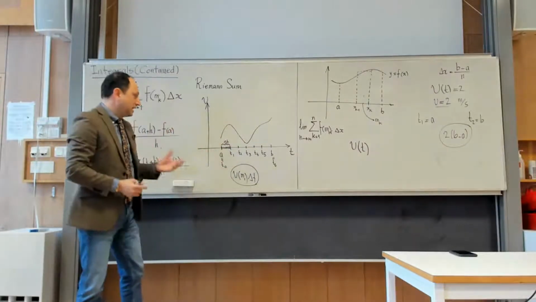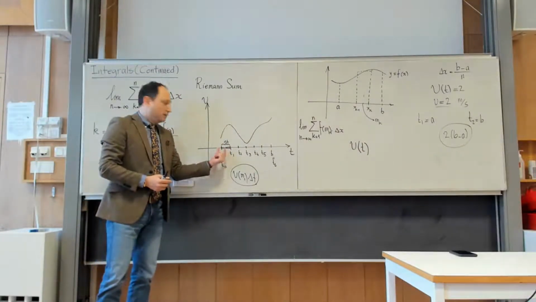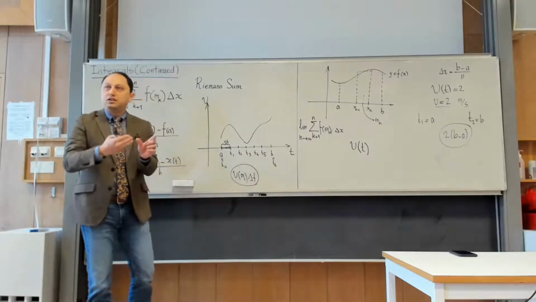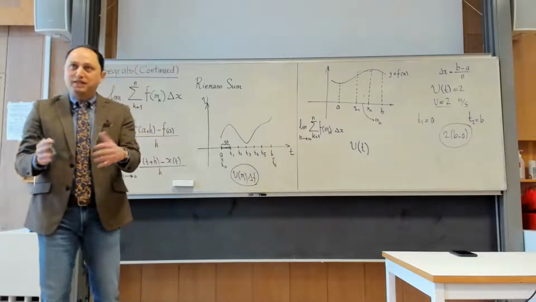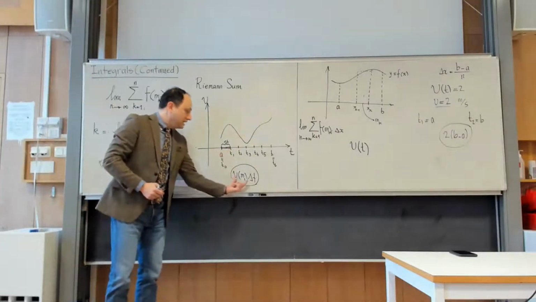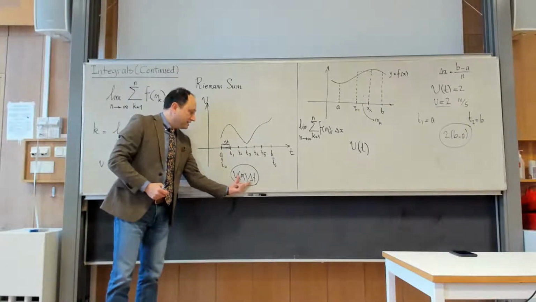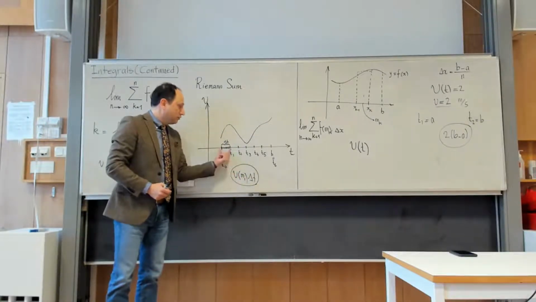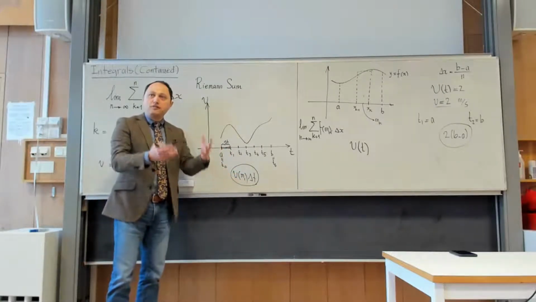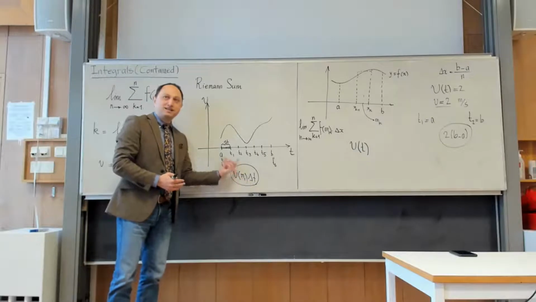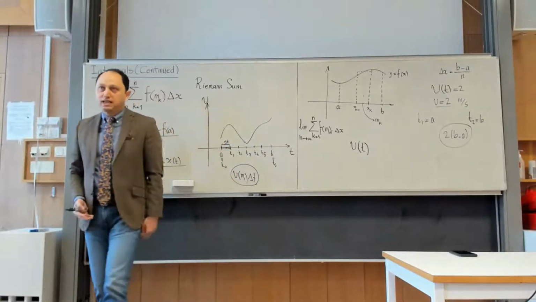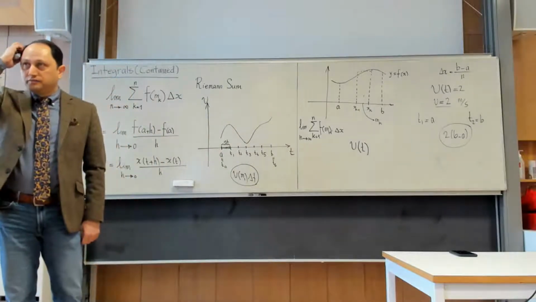So the particle is again changing its speed, but because the time interval is short, the particle does not have enough time to change its speed drastically. Yes? So if I ask you, is this number the exact displacement of my particle on this interval? Definitely you will say no. But if I ask you, can you accept it as an approximation to the displacement on this interval, you would say yes. Is that understandable?